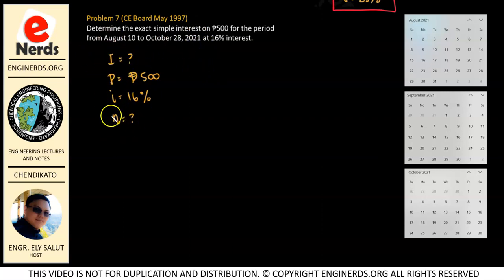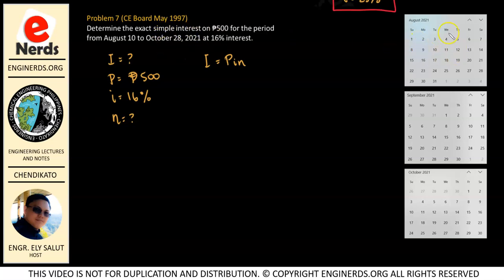So kapag nakuha natin yung value ng N, we can use this formula para makuha yung I, diba? But very specific tayo sa date, no? We have August 10 until October 28, 2021. So this is an exact simple interest dahil eksaktong dates ang binigay sa atin. Okay, so now we need to count how many days do we have from August 10 until October 28.